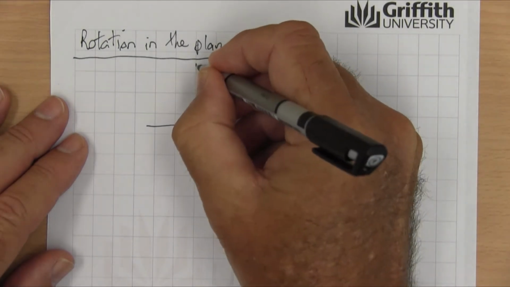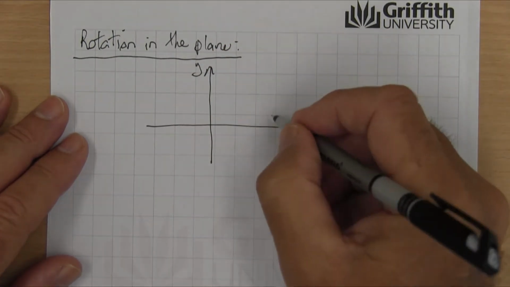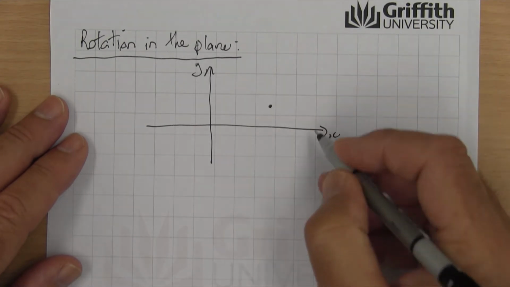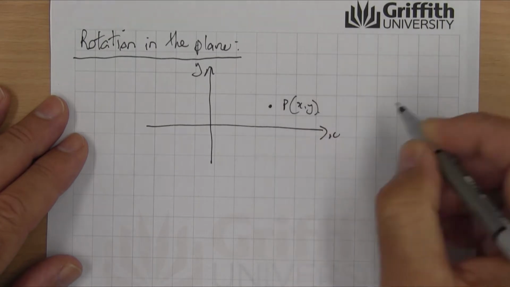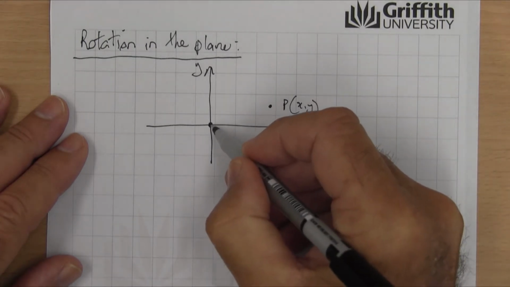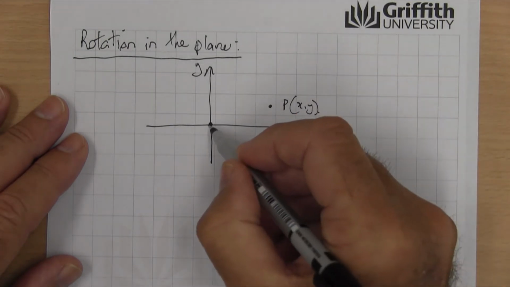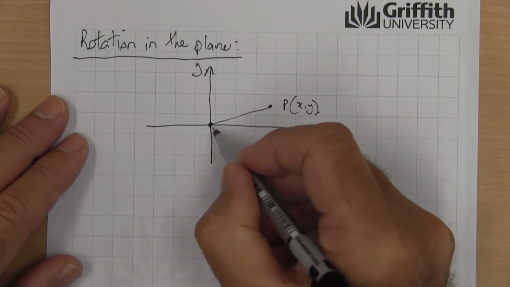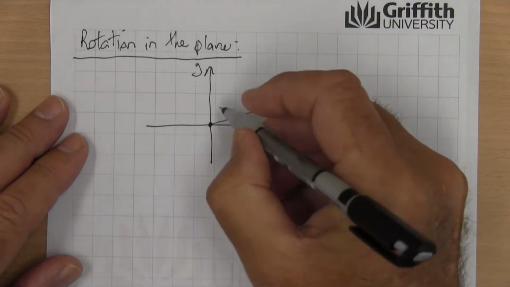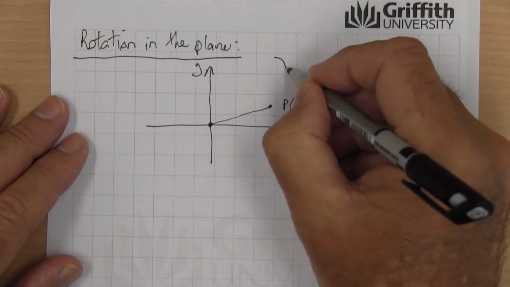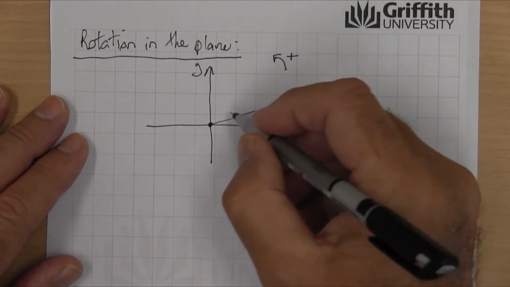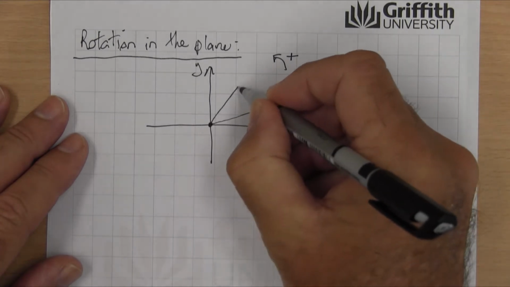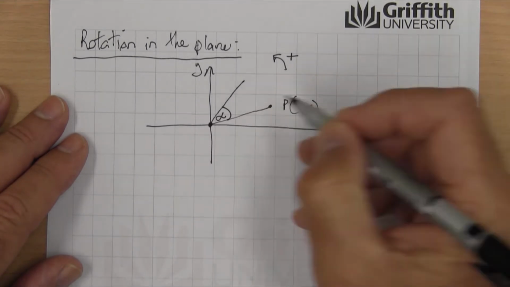and what we're going to do is we've got a point P here, and anchored here at the origin we're going to rotate, and we use the positive direction, anti-clockwise. So we're going to rotate through alpha, an angle of alpha.